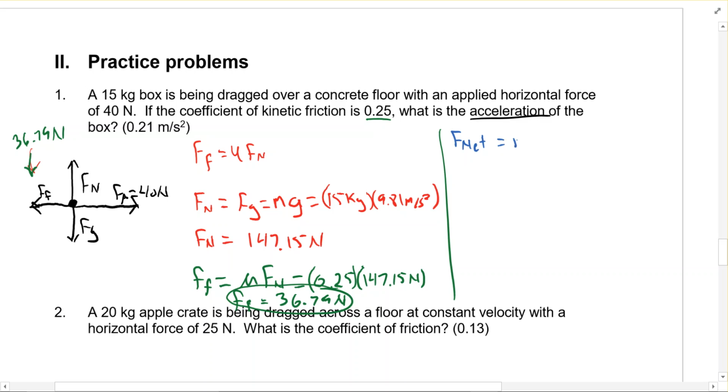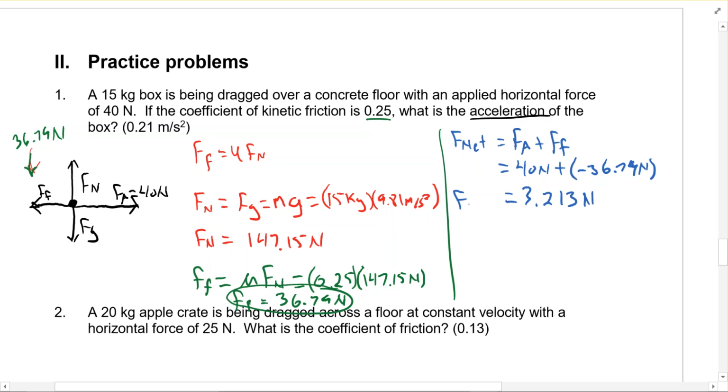So if I want to figure out the net force here now, F net is equal to Fa plus force of friction. So Fa is 40 newtons, and I'm going to add negative 36.79 newtons. Well, that should be a 9, pretend that's a 9. So that's going to be 3.213 newtons.